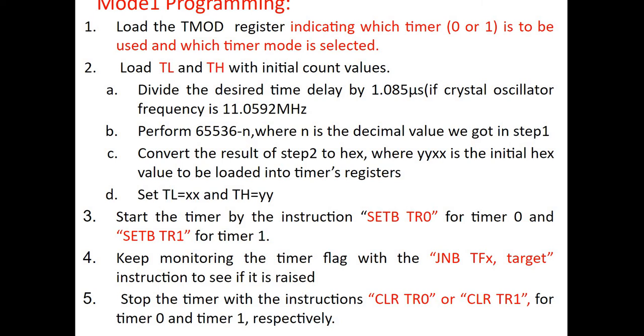If we are using software, then we make use of TCON, the timer control register, and set the TR0 bit for timer 0 and the TR1 bit for timer 1. After turning on the timer, next we need to monitor the timer flag, that is TF.